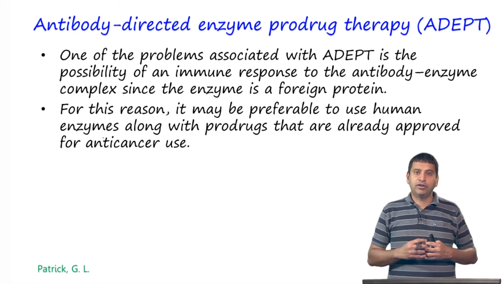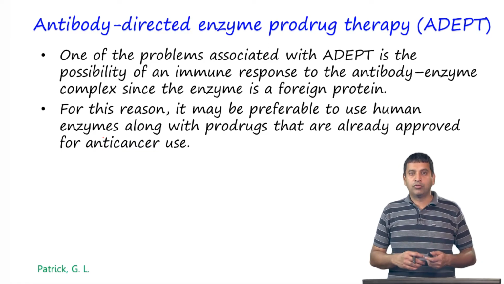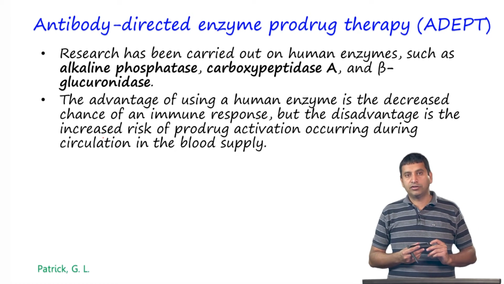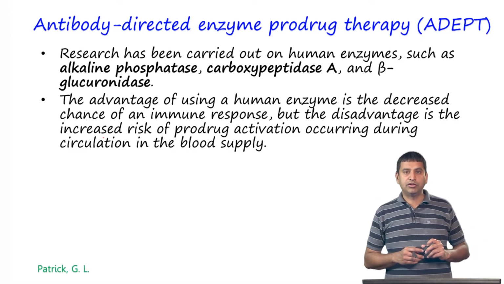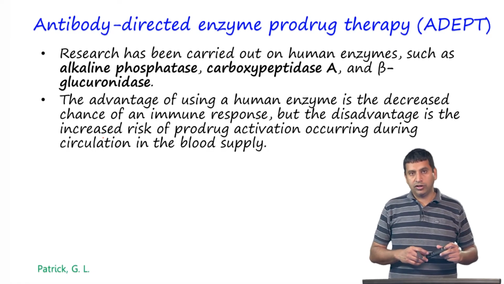So, it is for this reason that it is preferable to use human enzymes with prodrugs that are already approved for anti-cancer use. Some examples of these human enzymes are alkaline phosphatases, carboxypeptidase A, which is the human analog of carboxypeptidase, and, as I mentioned earlier, beta glucuronidase.